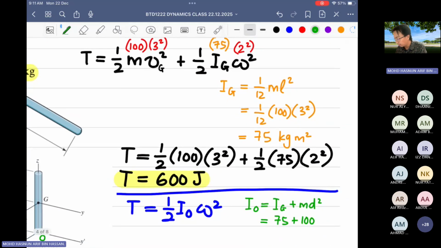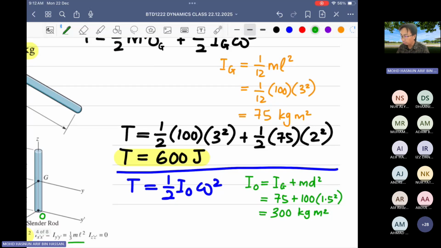So we go back here, times 1.5 square. Which will give you 75 plus 100 times 1.5 square, which gives 300. So IO is 300 kg meter square.